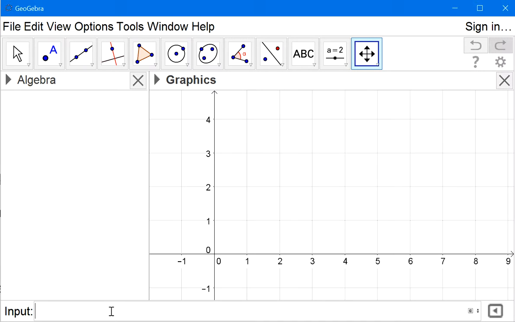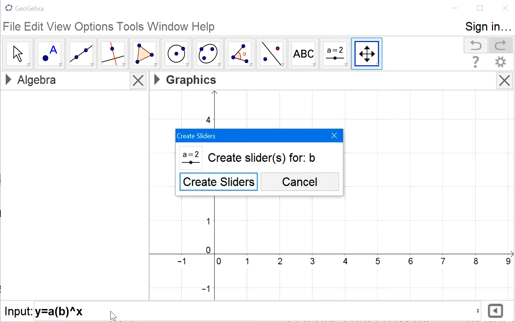Now let's take a look at an exponential function. So here we're looking at y equals a, and then we've been multiplying times b and then raising that to the x power. Now as soon as I enter that, it says create sliders for b only.